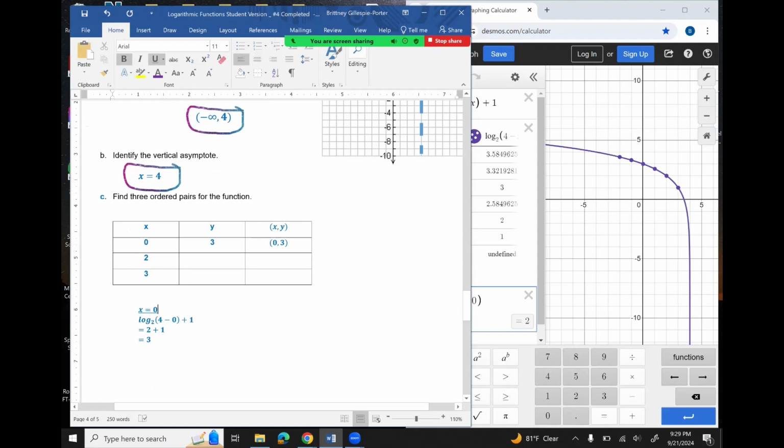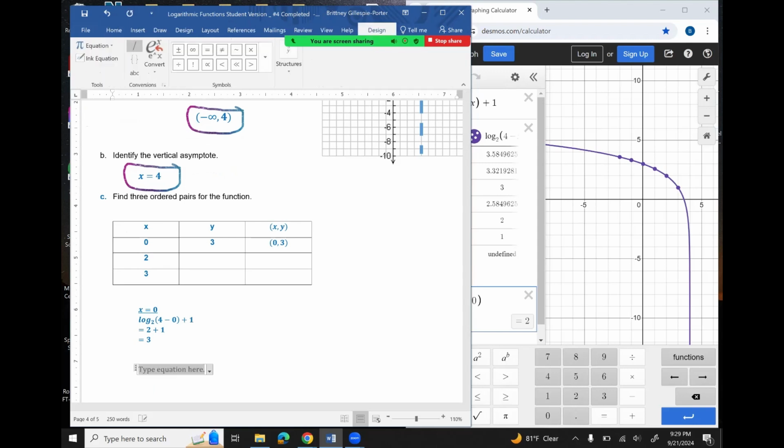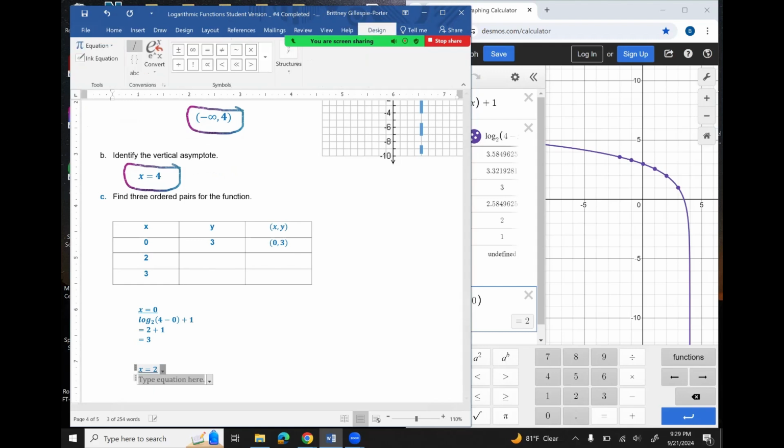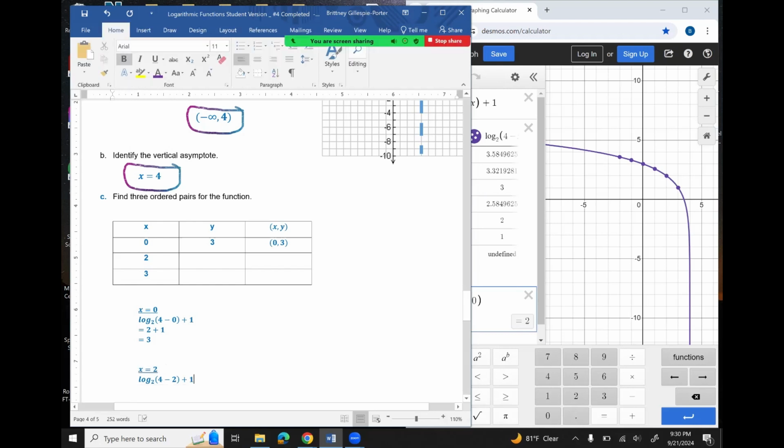Okay. We said that we would do X equal to 2 next. So plugging into our function, that means that we are going to have log base 2 of 4, instead of minus x, we're going to do minus 2, and then our plus 1.